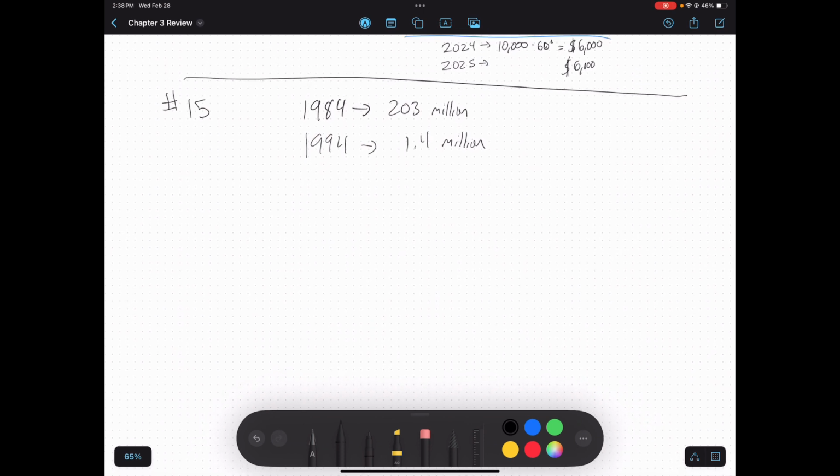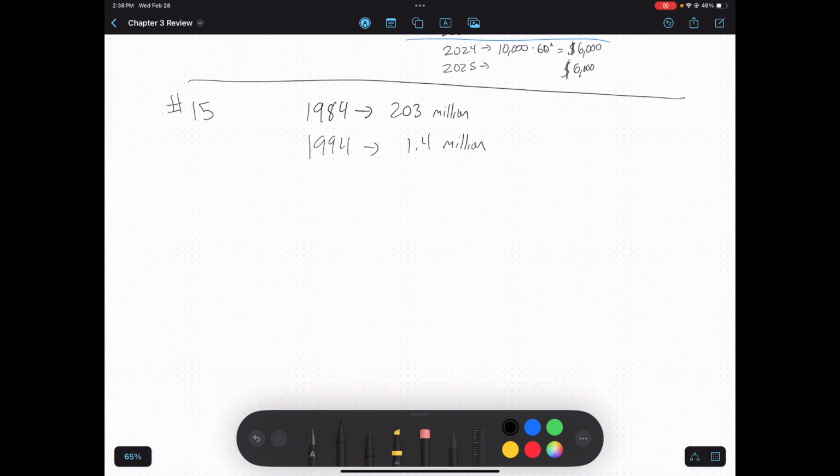So sure enough, if I do the work, I'll see that my function ends up being V equals 203 e to the negative 0.497673 t. Okay, I'm not rounding very much to just keep this as accurate as possible. And that's what I get.